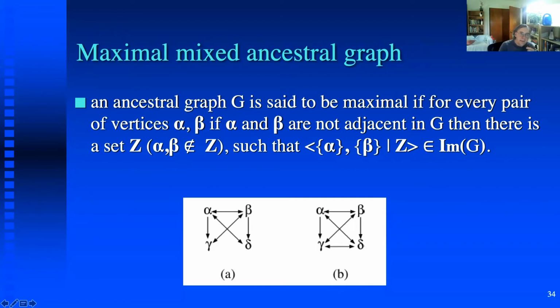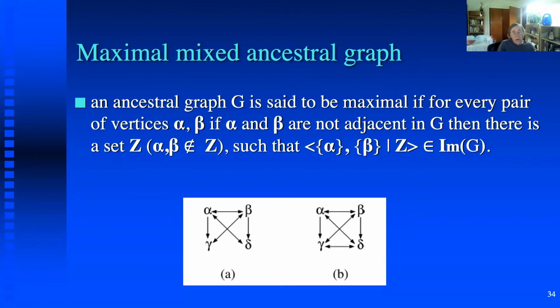So if we look here at the graph A, even though there's no edge between gamma and delta, if we apply M-connection to this object, we see that gamma and delta are M-connected given every subset of alpha and beta. So that's quite different from a DAG. In a DAG, that can only happen if two variables are adjacent. But in our mixed ancestral graphs, that might not happen.